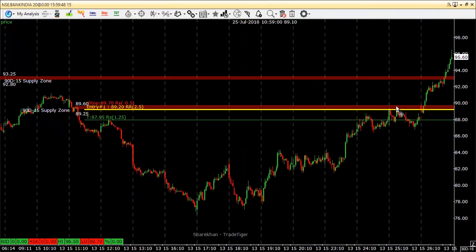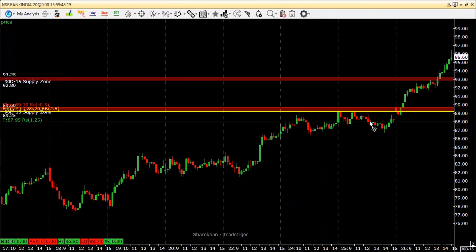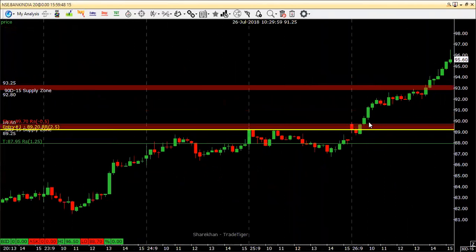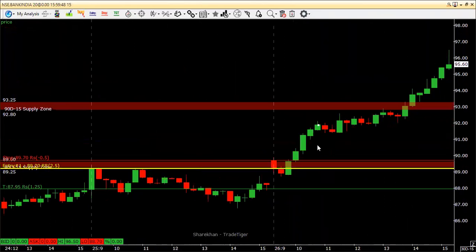Not even the 9th, the 10th trading day. That's where I got the fill into this trade. So as you can see right here, this is where I got the fill into the trade.